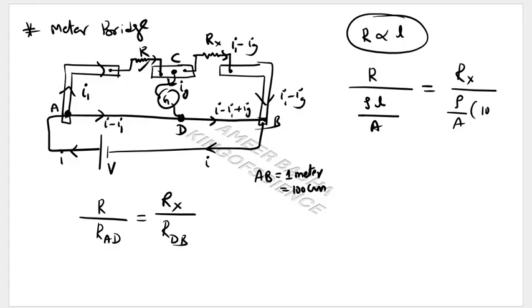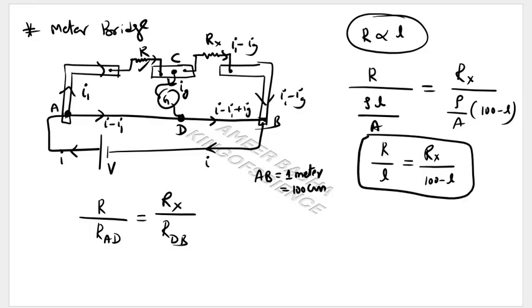So 100 minus L is the rest of the length. Rho by A cancels. R by L in centimeters is equal to Rx by (100 minus L). With the help of this relation, I can calculate the unknown resistance Rx. I hope it is clear.